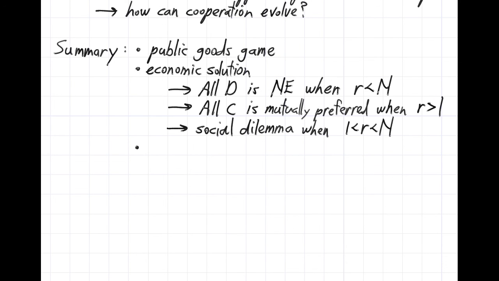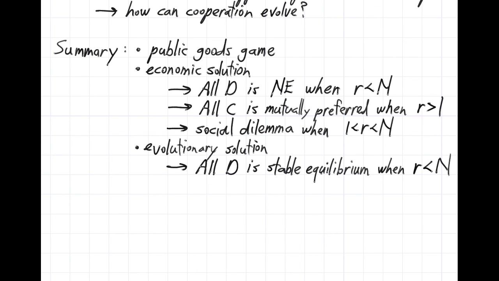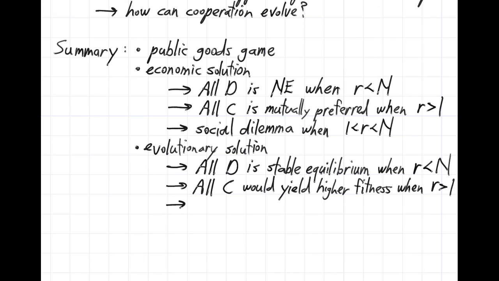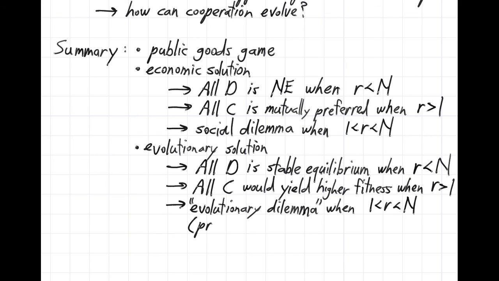Next, we looked at the evolutionary approach using the replicator equation, and there we saw that everybody defecting is a stable equilibrium when R is less than N, but all C would yield higher fitness when, again, R is bigger than 1. So we might call that an evolutionary dilemma when R is between 1 and N. And that is the problem of cooperation.